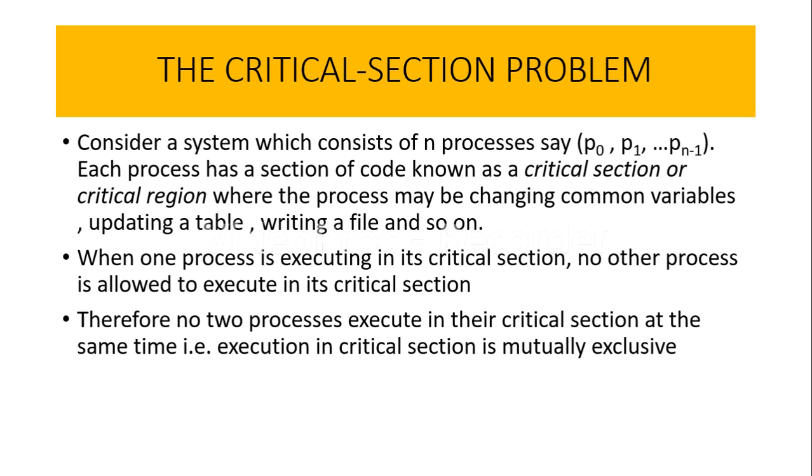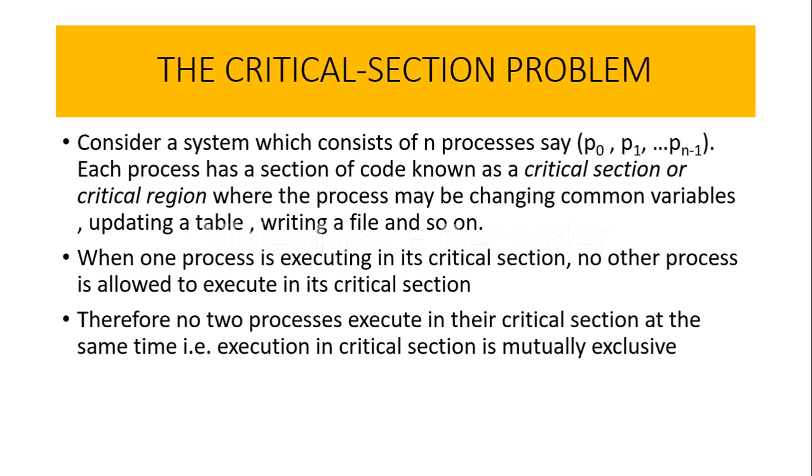Each process has a certain segment of code known as the critical section or critical region. This is the part of the code where we might be changing some common variable, updating a table, writing into a file or reading from a file, and so on.